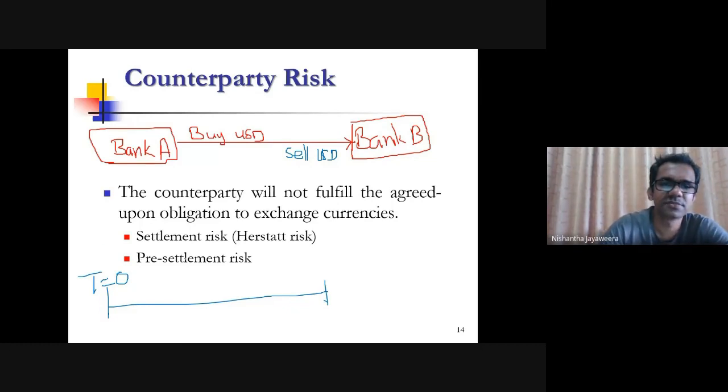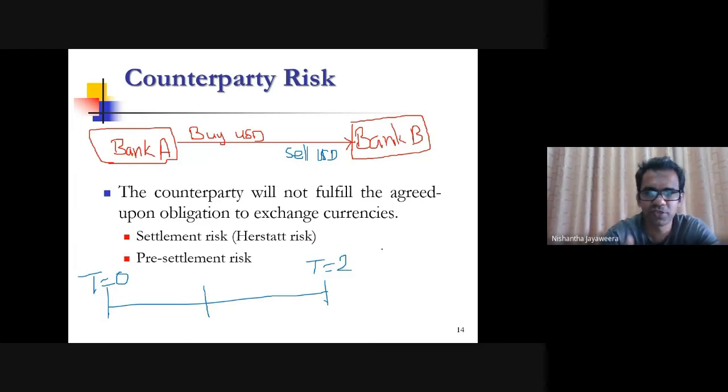Assuming it is a spot transaction, this is the first day, this is the second day. You are supposed to exchange dollars and the equivalent amount of rupees on this date.